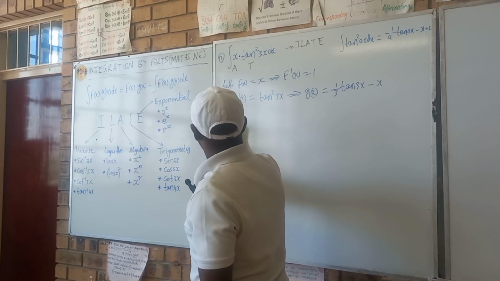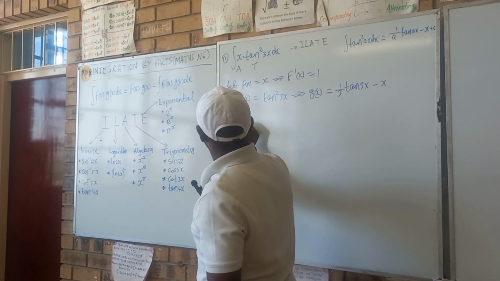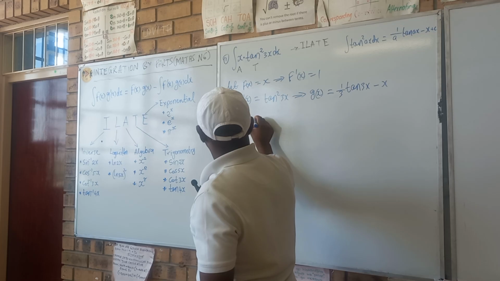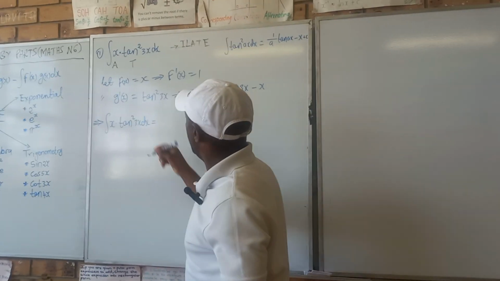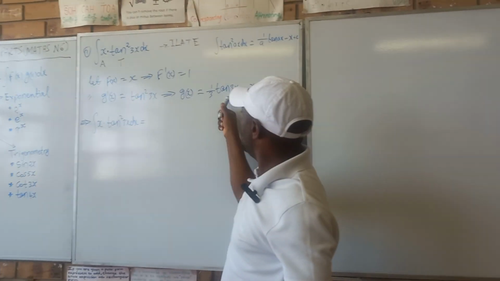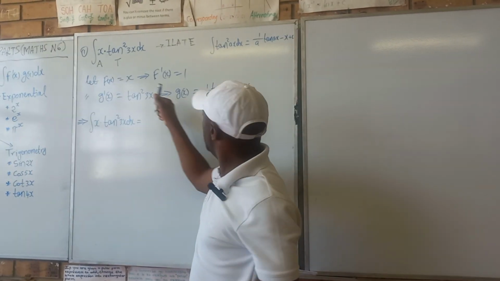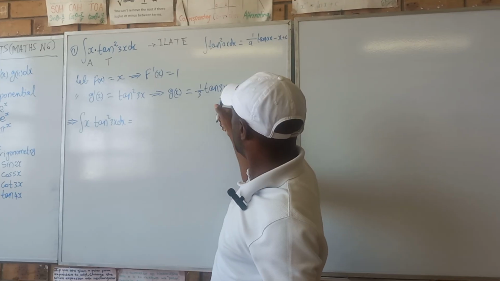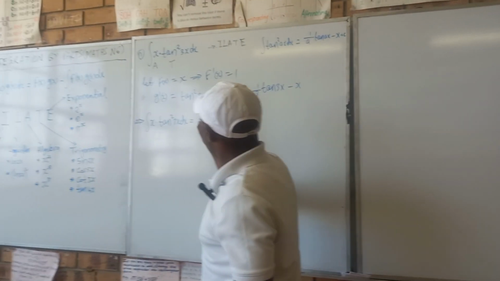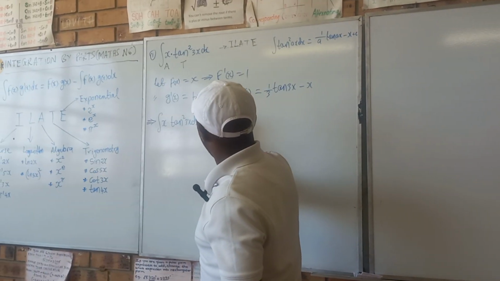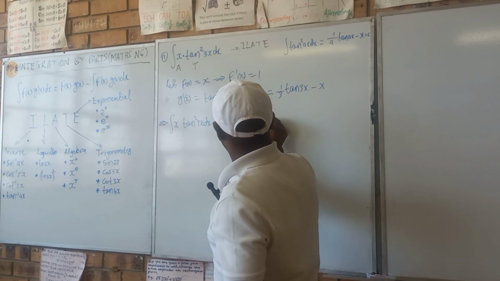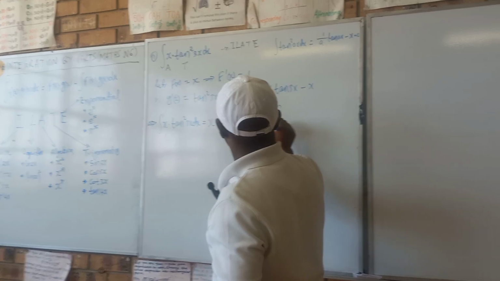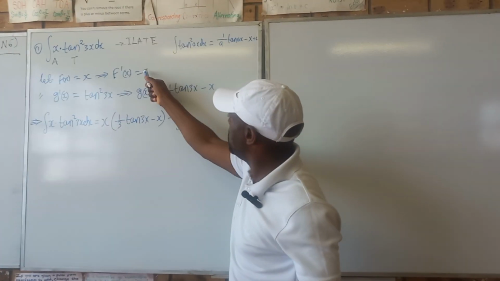If we substitute into that formula, the integral of x tan squared 3x dx will simply be fg. You see here f is x, and g is 1/3 tan 3x minus x. So I multiply x by 1/3 tan 3x minus x, then minus the integral of f prime g.